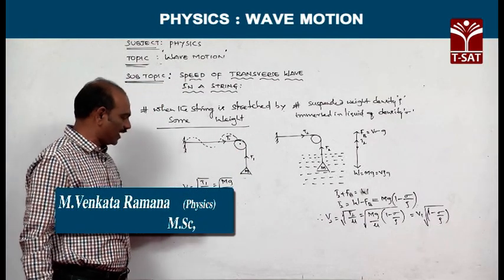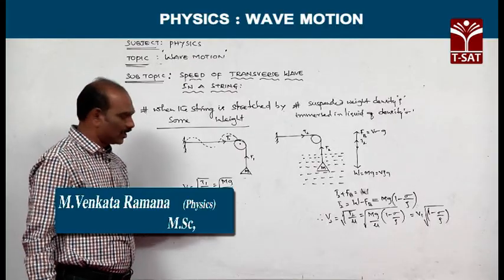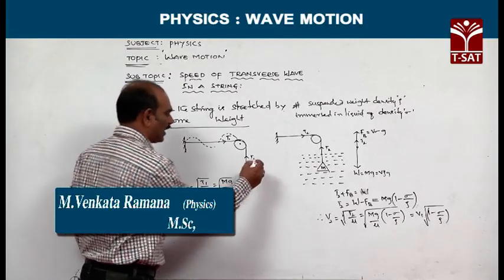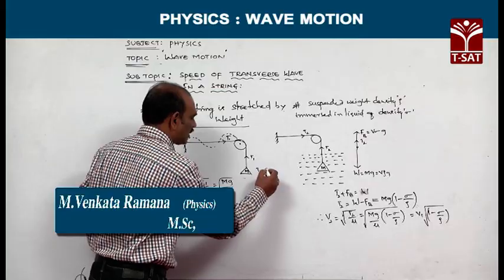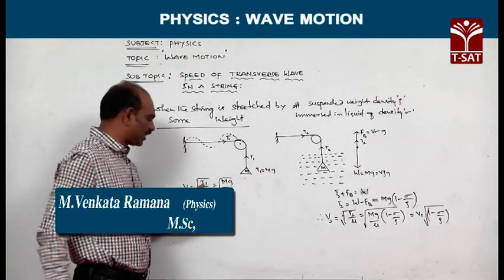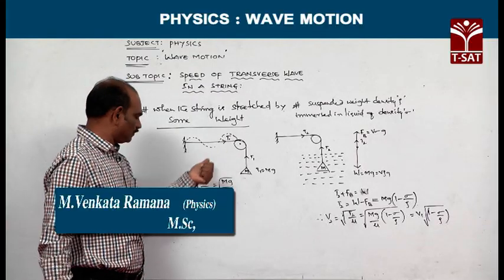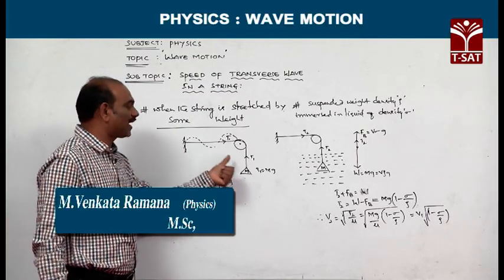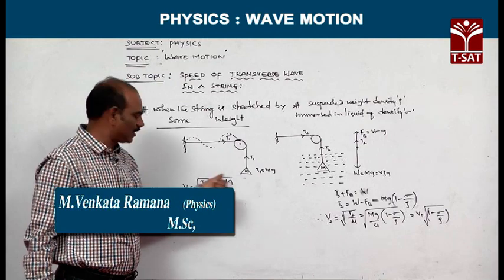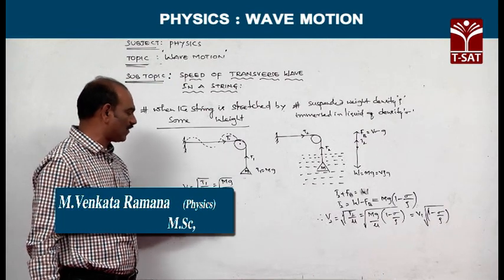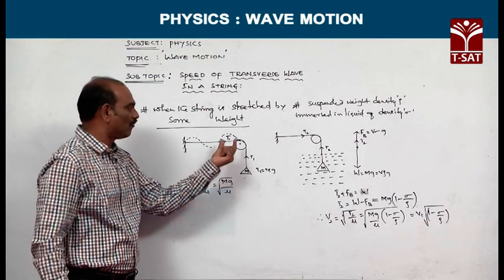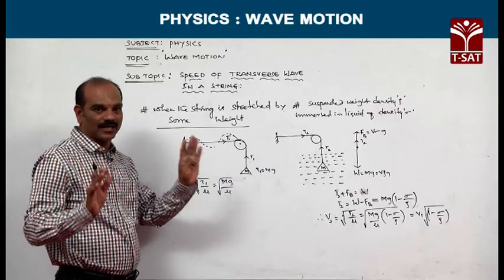Speed v1 is equal to the square root of T1 by mu. Here T1 is equal to mg, so T1 can be replaced by mg, and mu is mu. Therefore, the speed of the transverse pulse is v1 equal to root of T1 by mu, or root of mg by mu, when the load is suspended in air.